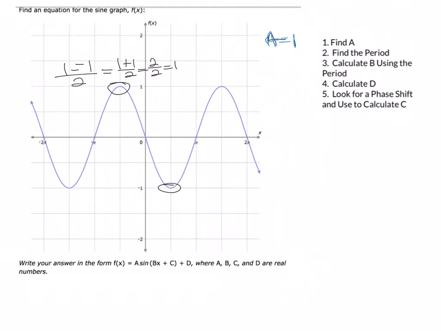Okay, next thing we're going to look for is the period. So we can either use points where the curve is going through the x-axis so that they're easily calculated, or we can use our peaks, our maximum values, whatever you like to use. You can either use your pi value here, because they are doing the same thing at that value. We're going right up through and starting our curve right there.